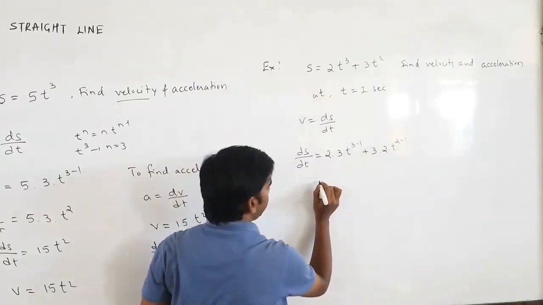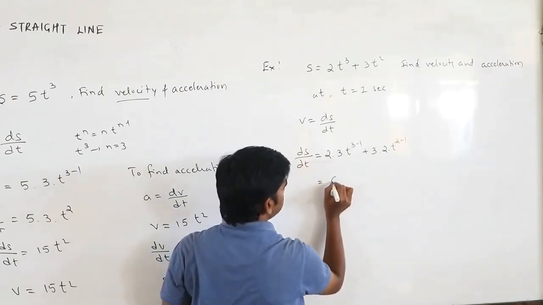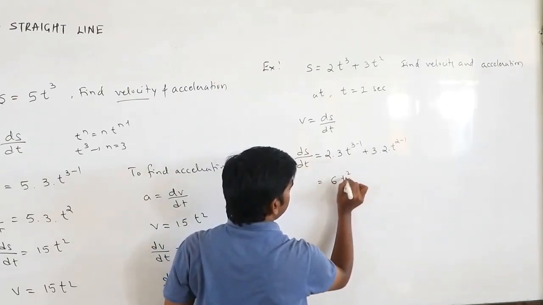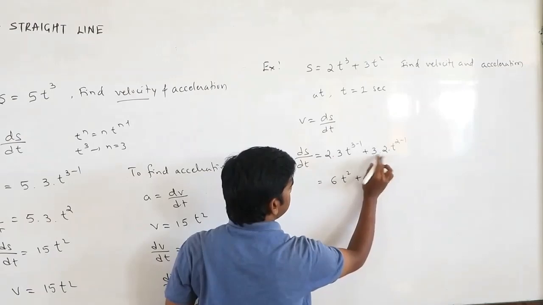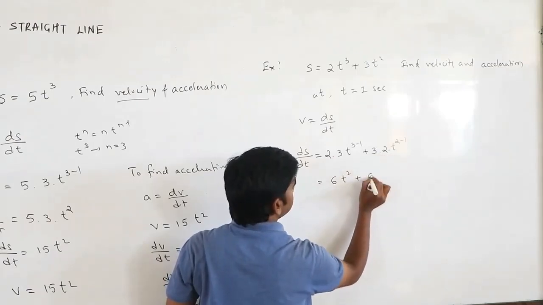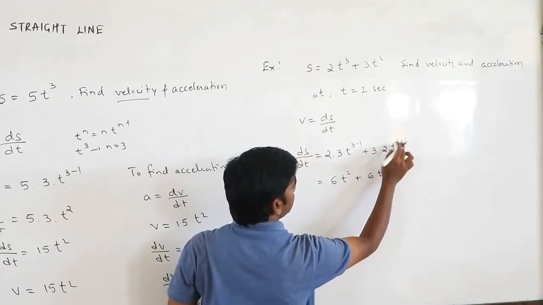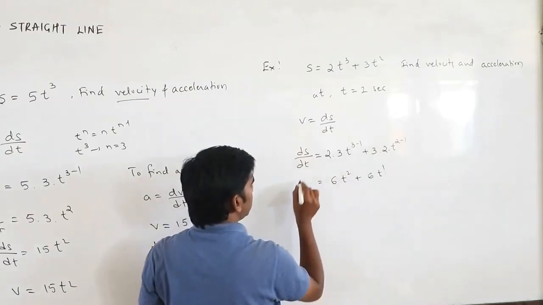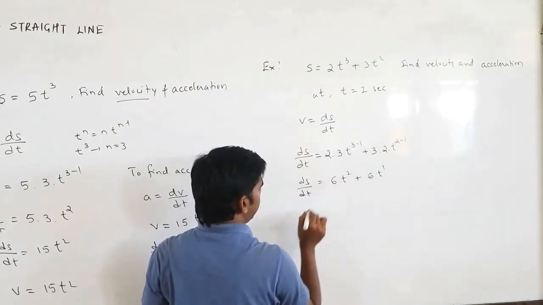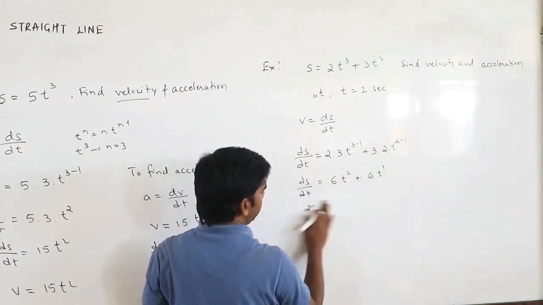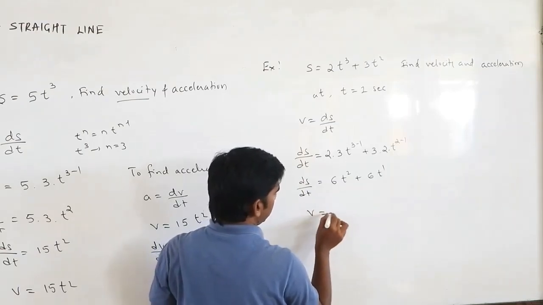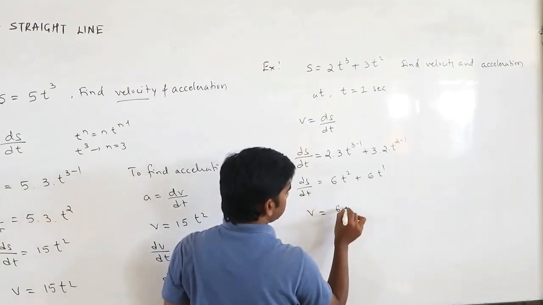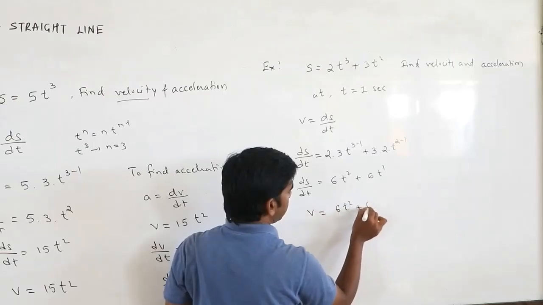Okay, so what you can write? 2 into 3, 6 t square plus 3 into 2, 6 t raised to 2 minus 1 is what? 1. So ds by dt is what? Velocity. So velocity equals to 6 t square plus 6t.